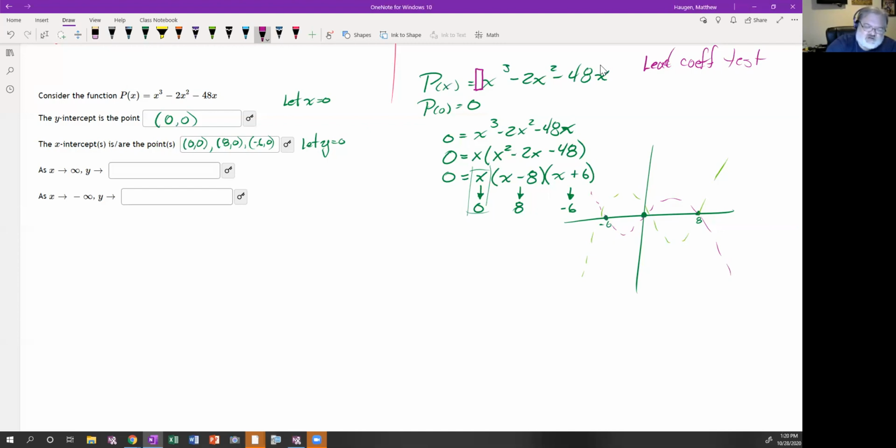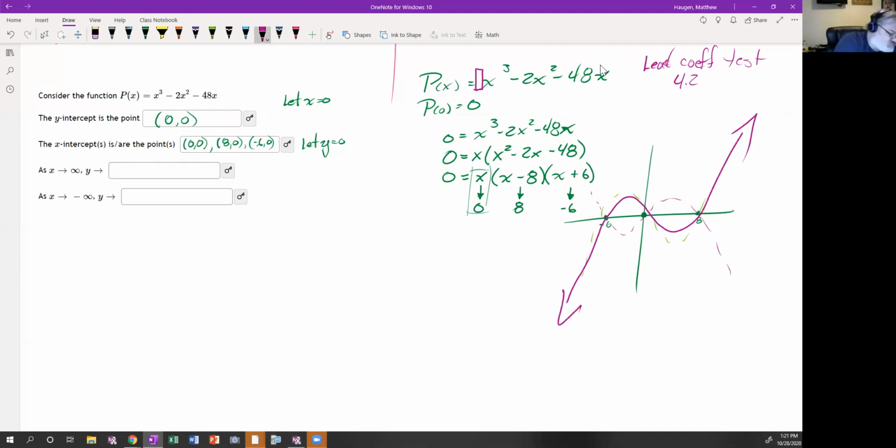And you guys remember that was in, I think, 4.1 or 4.2, the end behavior conversations. If it was even degree, they went in the same direction. If it was odd degree, they went in different directions. It was upward if it was positive, downward if it was negative. You guys remember that, right? So because this lead coefficient is positive, this thing is going to be increasing. So it's going to go that way.